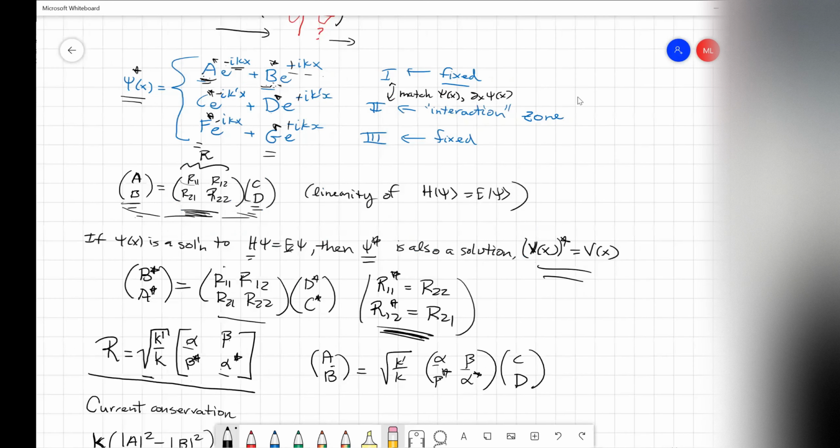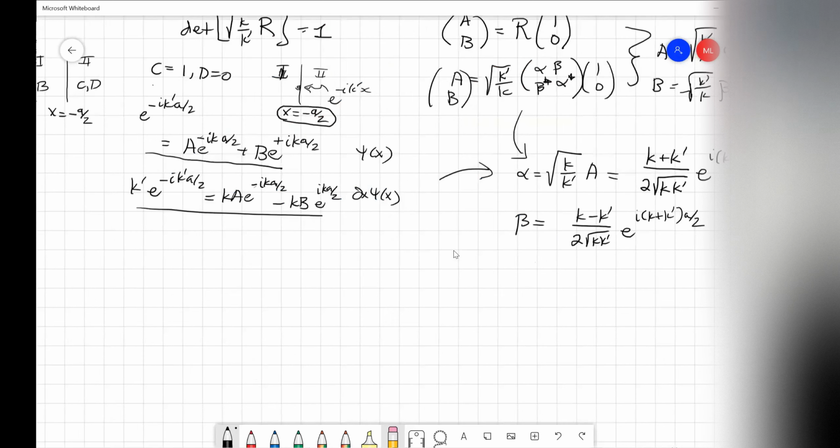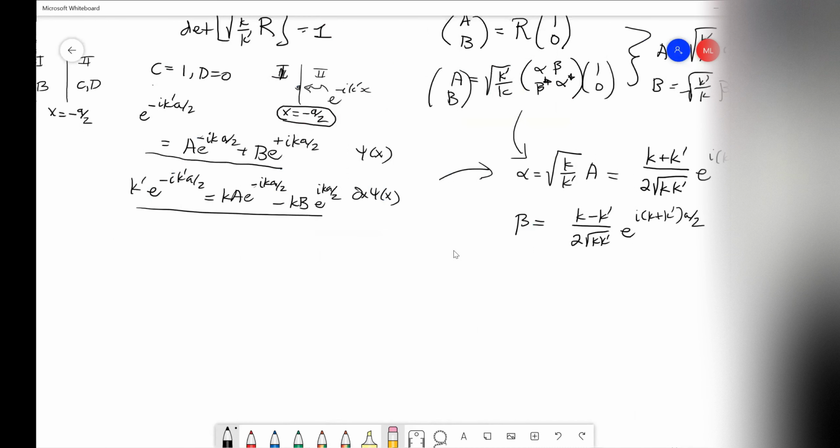And what you find is you can basically use the symmetry of this particular problem to argue that, so what do we want now? We want a connection between C and D. And now I'm going to call this R tilde, a new matrix, connecting C and D and F and G. That's between regions 2 and 3. You can do the same kind of matching.